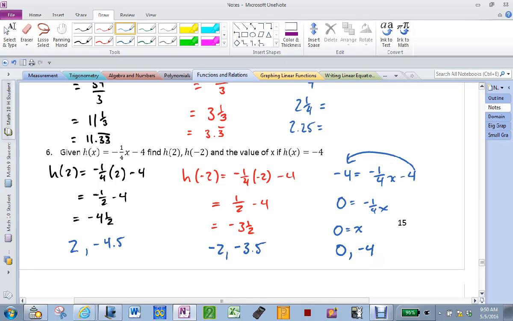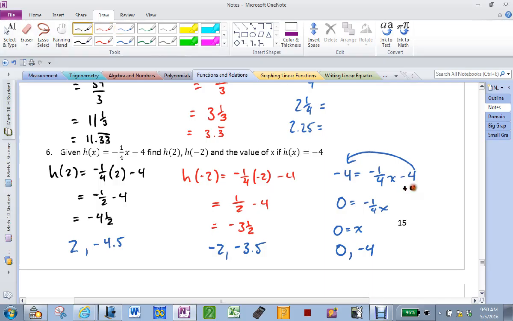Kale, can you explain the last one? Yep. Our h of x was negative 4, right? So what I had was h of x equals this. The h of x, that whole thing needs to become negative 4. So I got to solve that. Now I just moved this because that's how I do it in my head, because I've been doing algebra longer than you guys.